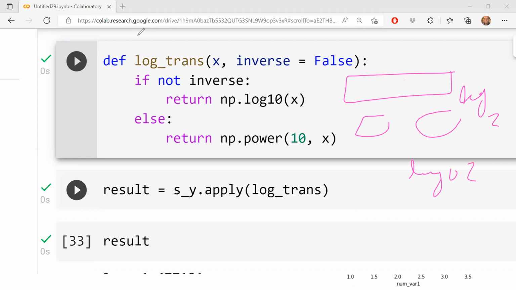But if I want to divide it into 3 parts, then you're not talking about log of base 2, you're talking about log of base 3. If you divide it into 4 parts, then you're talking about log of base 4. If you divide something into 10 parts, it means base 10.